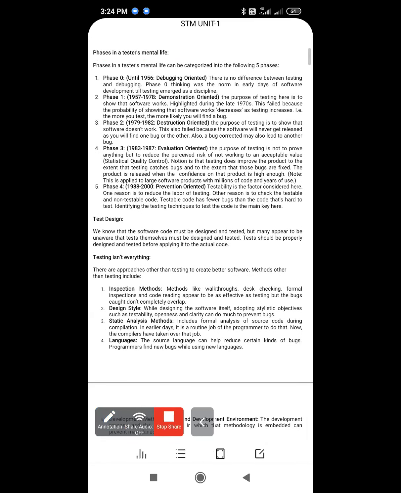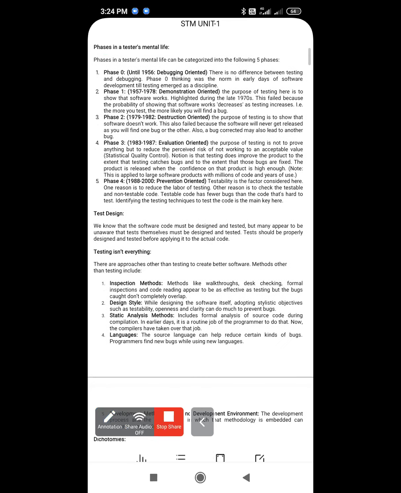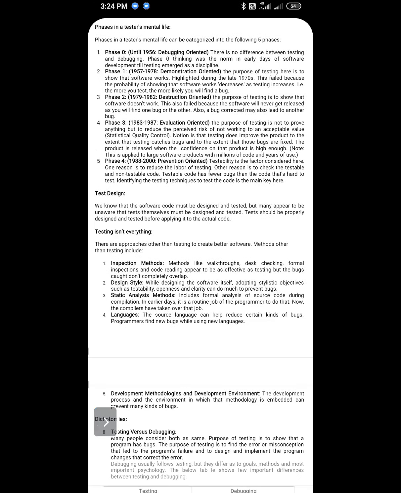Next one, phase 2, 1979 to 1982, destruction oriented. That means the purpose of testing is to show the software does not work. This also failed because the software will never get released as you will find one bug or other.